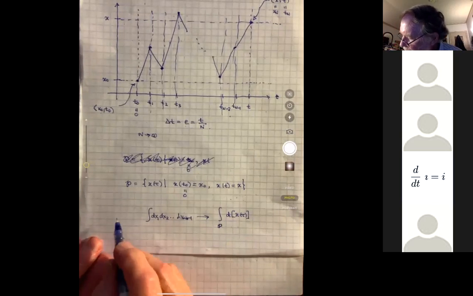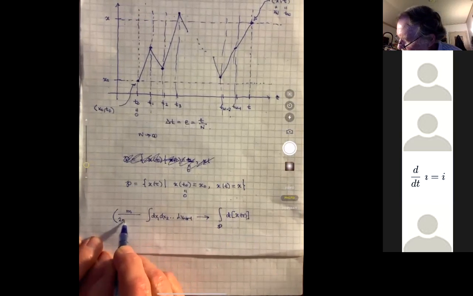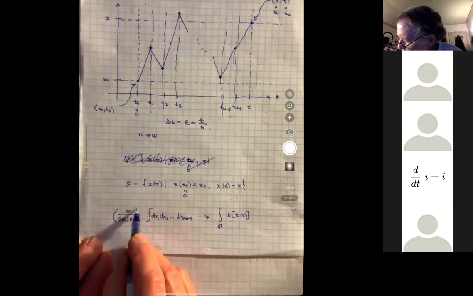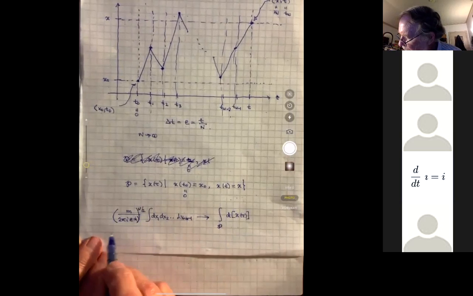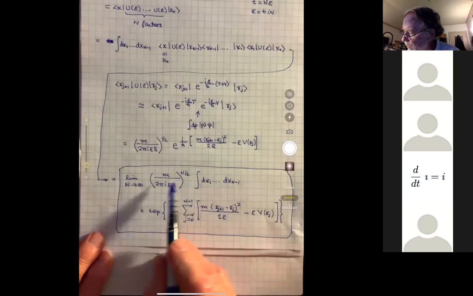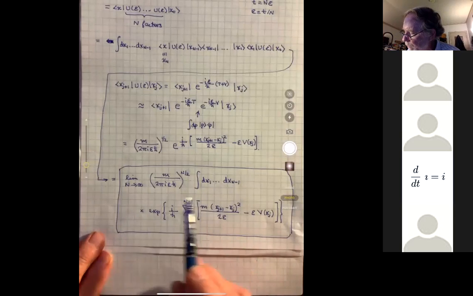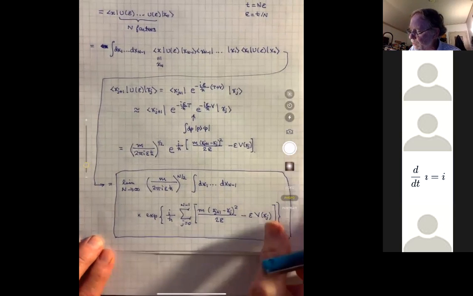In fact, to simplify the notation even further, let me take that constant factor in front, which is mass m over 2 pi i epsilon h bar to the n over 2, and absorb that also. So let's make this notational replacement then on the earlier integral, and that takes care of this earlier stuff here and shows you an integration over path space. It's an infinite dimensional space of paths in the limit.